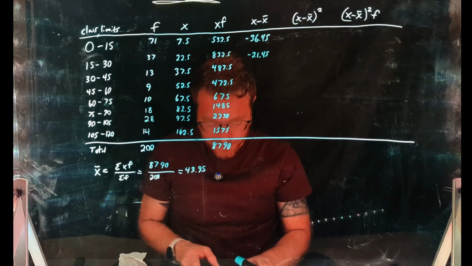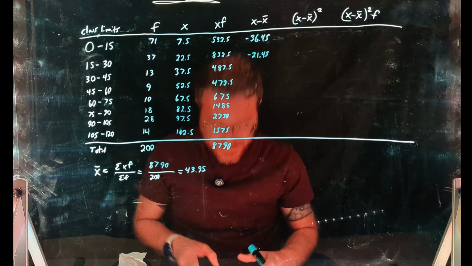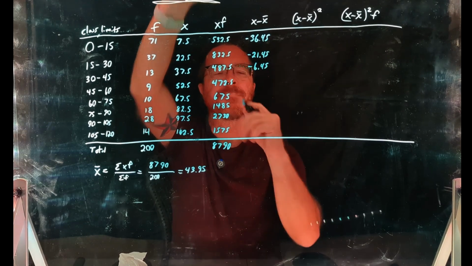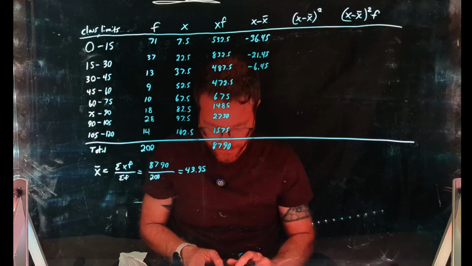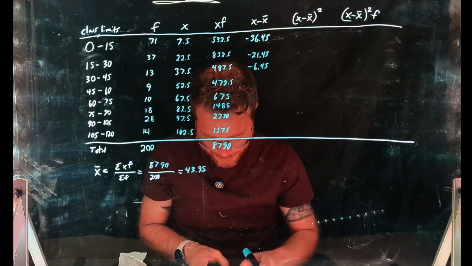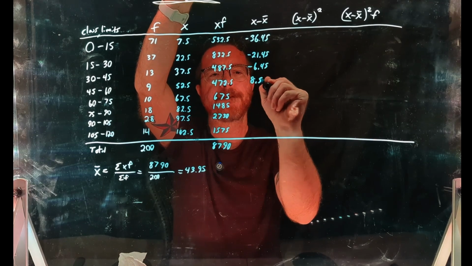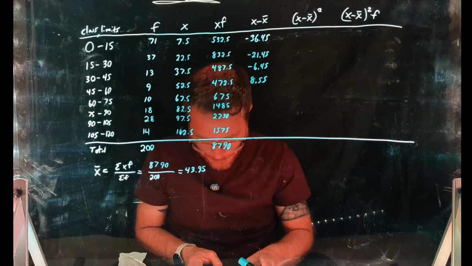Next one, I do the same thing for 37.5. I get negative 6.45. Next one, I'm going to do the same thing for my 52.5. I get 8.55. Now I'm going to do the same thing for my midpoint, 67.5.